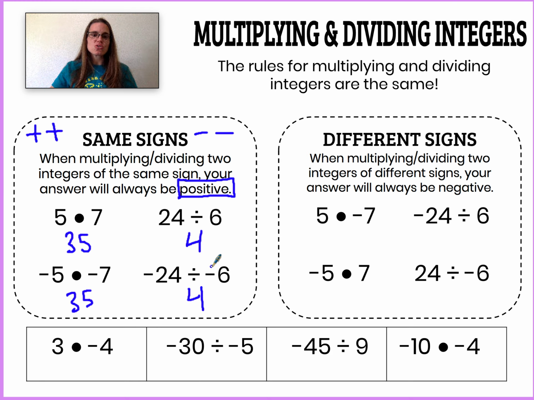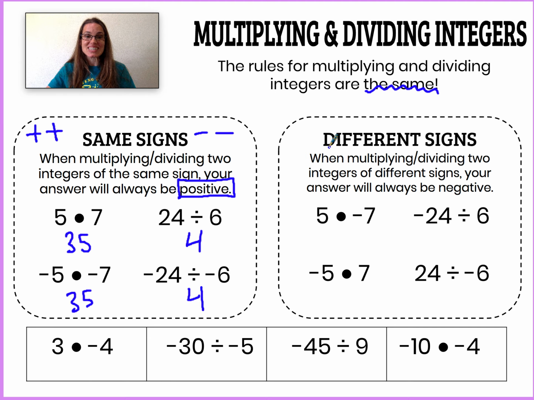And if the original two numbers have the same sign, in this case both negative, then my final answer is positive. Please notice this rule is the same for multiplying and dividing. So positive times positive and negative times negative is positive, and positive divided by positive, as well as negative divided by negative, is positive.